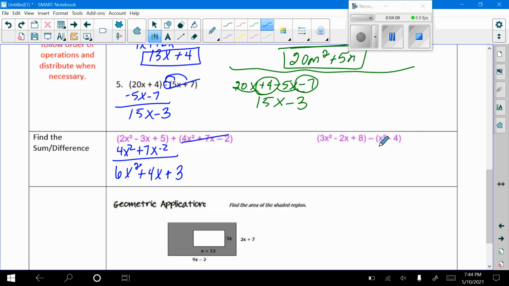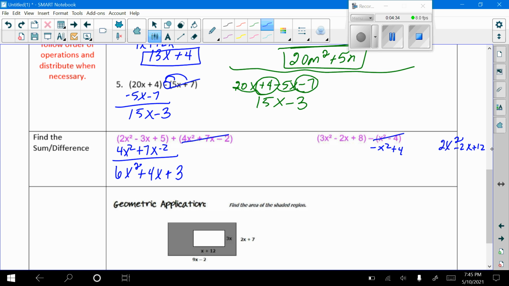This next one, I'm going to make this a negative x squared plus 4. And I can combine them. So I would say 3x squared minus x squared gives me 2x squared. They're just a negative 2x. And last but not least, I have 8 plus 4 is 12.